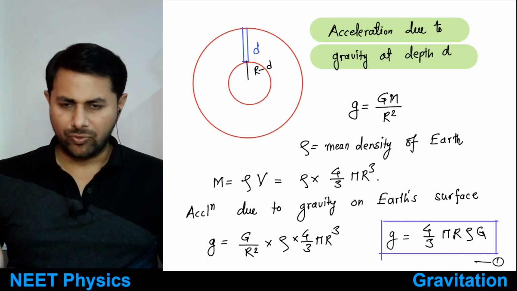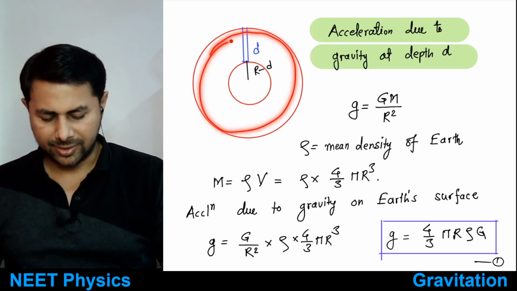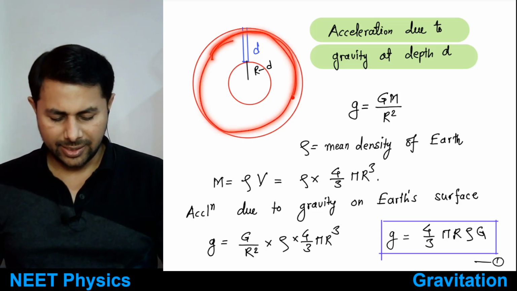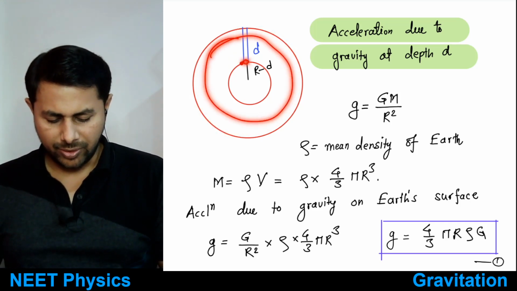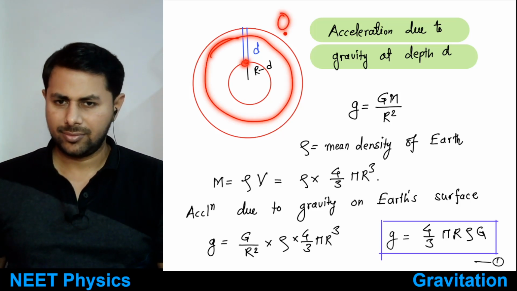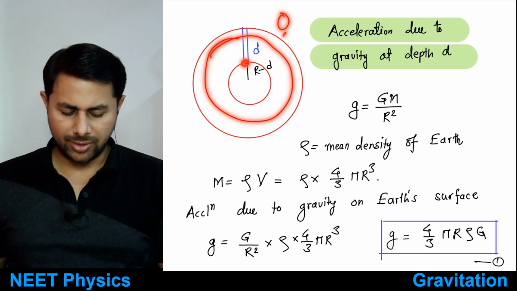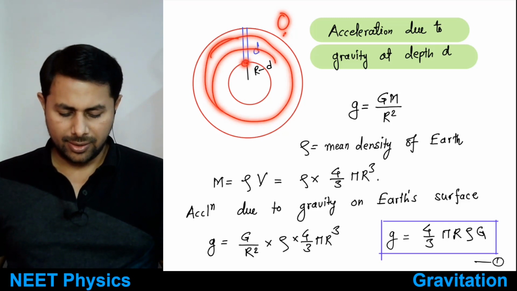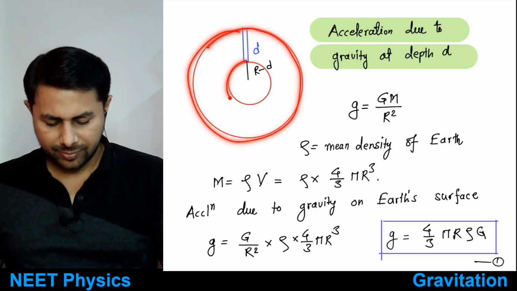For that, we have already seen that if you consider a spherical shell like this, what is the gravitational force due to that shell? If you have some mass over here, it is 0. So you can consider the shell of this much thickness.